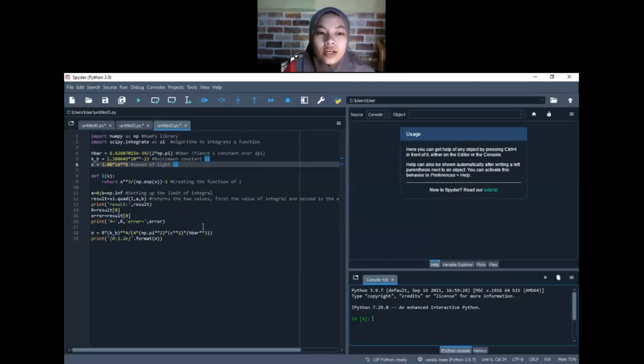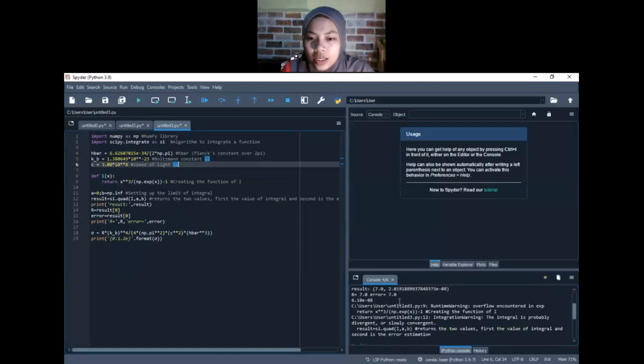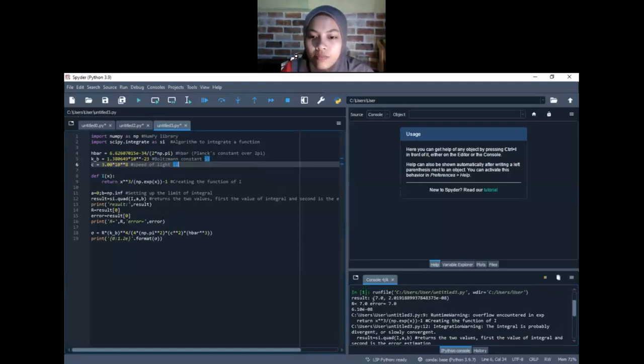After we already find all this, now we get to know the value of the sigma. We insert the formula of the sigma, and we print the answer to three significant figures as the question asks. And now we run it. You can see here, we get the thermal energy is 7.0 and the error is also 7.0.